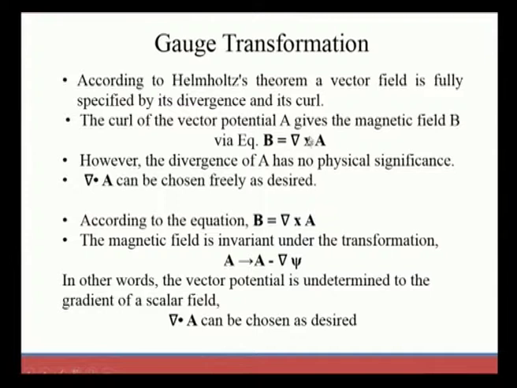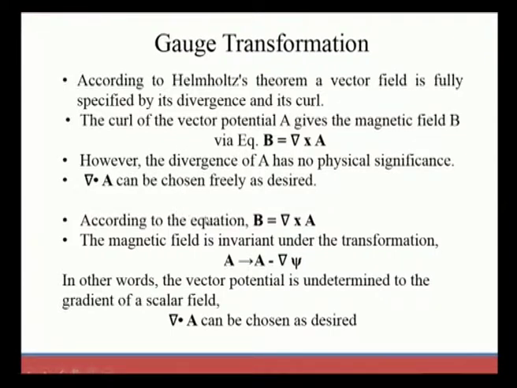If we remove it, it does not affect B, that is, the magnetic field. So, del dot A can be chosen freely as desired. If we choose any value of del dot A, it does not affect the magnetic field, which is what the equation is saying here.